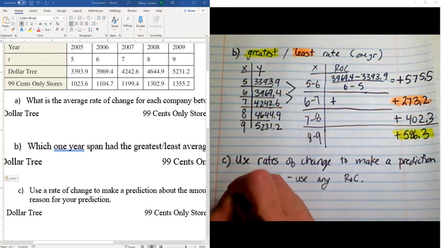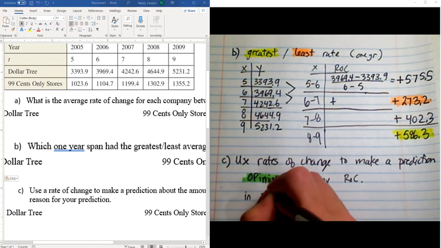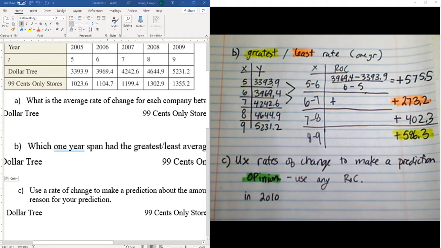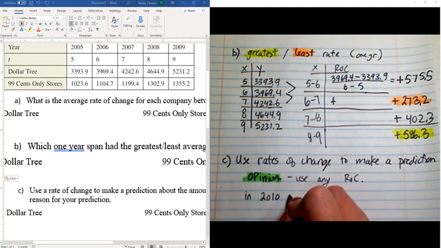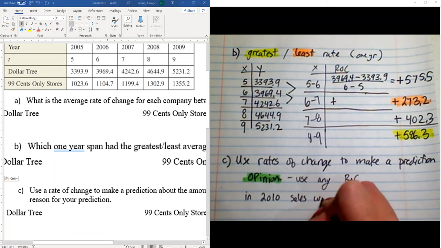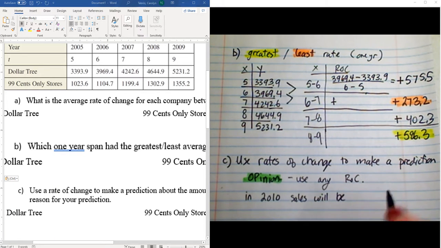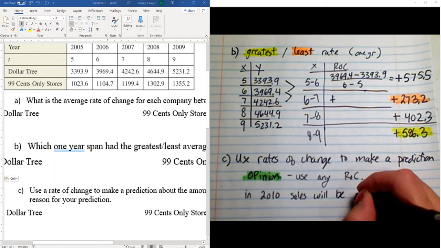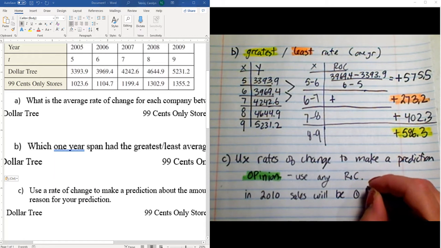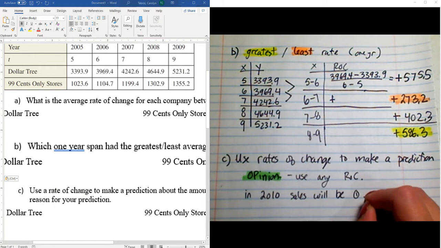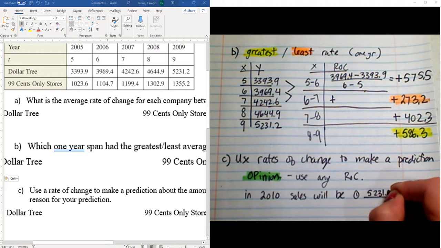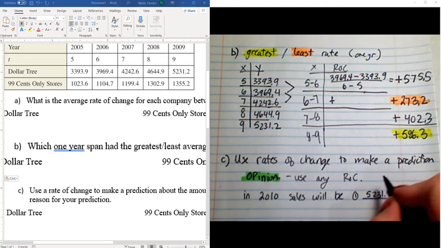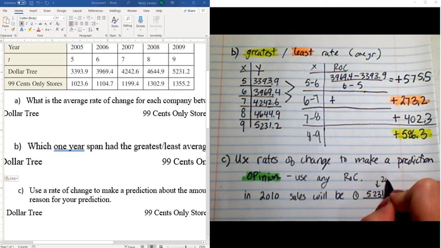So in 2010, I think the sales will be... Okay, so we have a couple choices. The first choice is I can start in 2009. 5231.2, okay? This is what I have in 2009. What are we going to add to it?